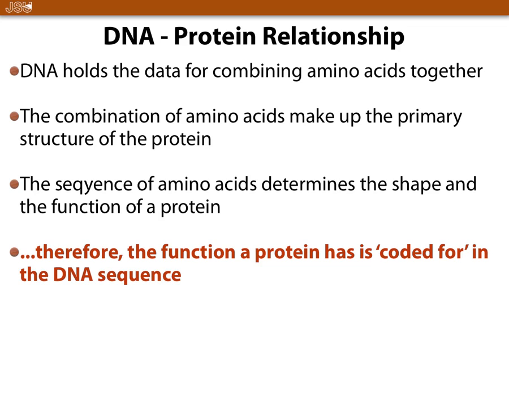The DNA sequence codes for the amino acid sequence. The amino acid sequence determines the shape of a protein. The shape of a protein determines the function of a protein. You connect the dots, and you can trace that back and say that the DNA sequence codes for the function of a protein. Very important point here.